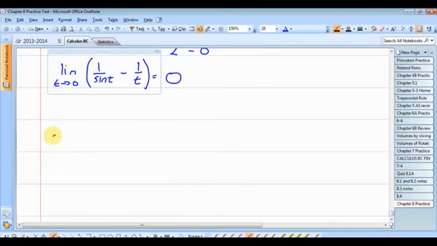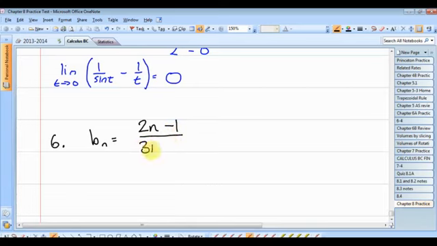So we have question 6. b_n is equal to 2n minus 1 over 3n squared plus 1. Now this sequence of numbers, does this actually approach a limit? Why don't we see that? Let's start plugging in numbers. Let's do the first 5 or 6. Let's plug in 1. What do we get? 1/4.